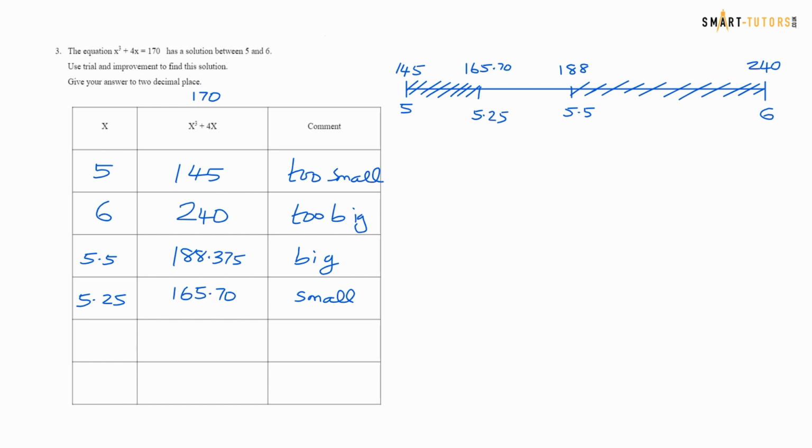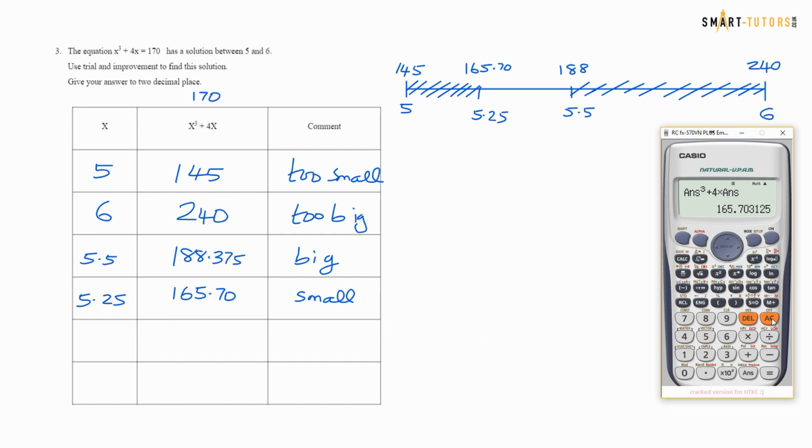So again, I'm going to use the calculator to find the midpoint, which can be useful for the next step. 5.25 plus 5.5 equal and divide by 2. The answer is 5.375.